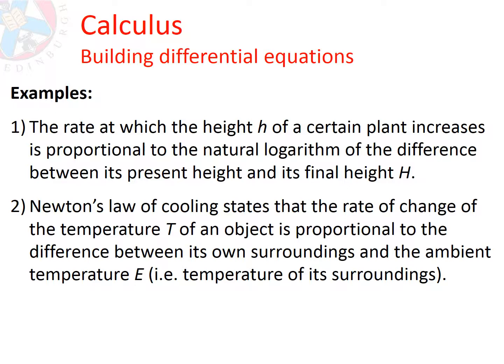In this case, it would be proportional to the temperature of the object minus the temperature of the environment. I'm going to put TE. So if this number is much bigger than this number, so if our object is very, very hot, the rate of change is going to be very, very big. It's going to cool down quickly.